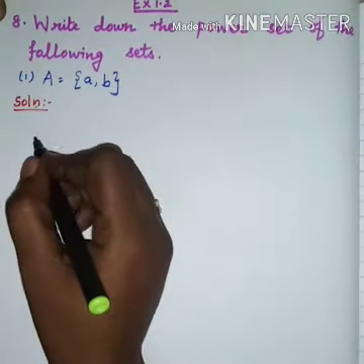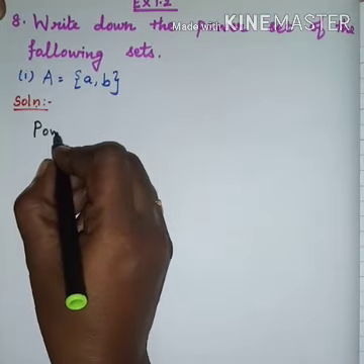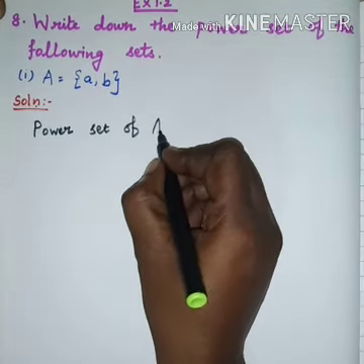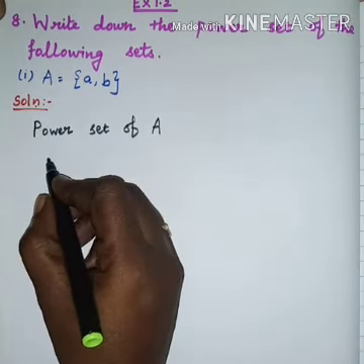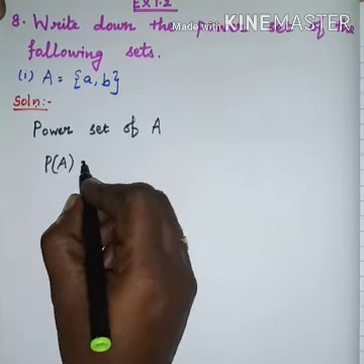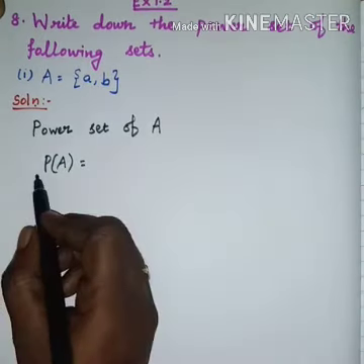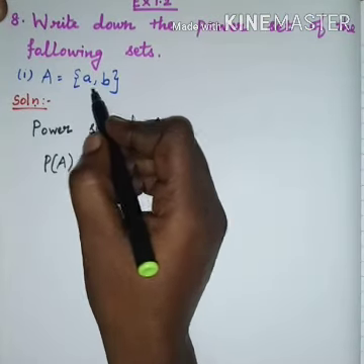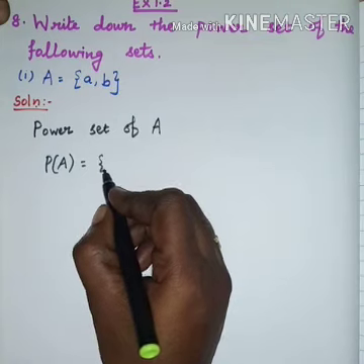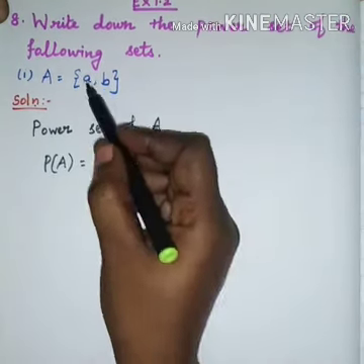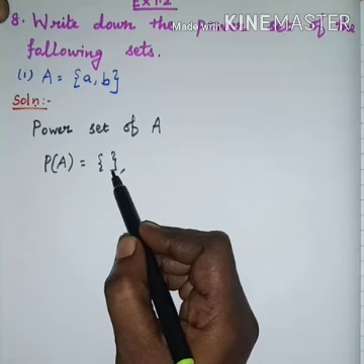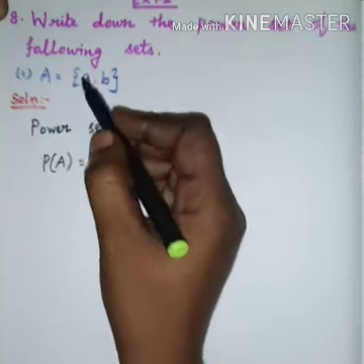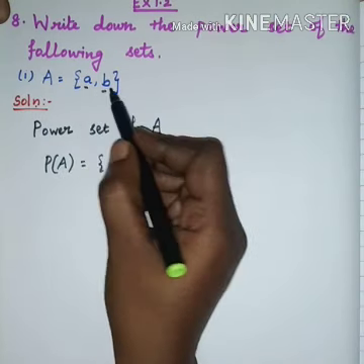The power set of A is denoted by P(A). P(A) is nothing but the power set of A. What are the subsets of A? First we have to write the empty set, since the empty set is a subset of all sets.